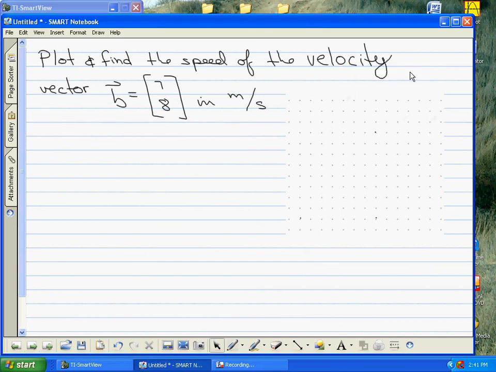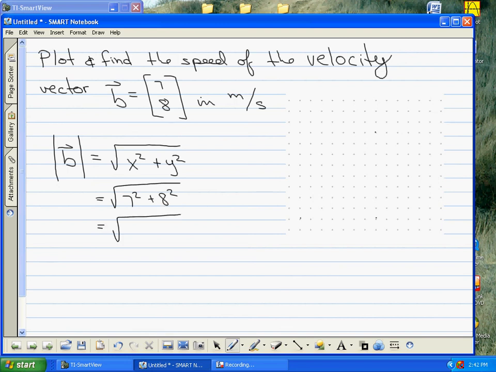Hopefully you did this problem. First of all, let's just find the velocity or the speed of the vector. The velocity or speed, again, is the absolute value, which is equal to the square root of the x component squared plus the y component squared. This is equal to the square root of 7 squared plus 8 squared, which is the square root of 49 plus 64, since 7 squared is 49 and 8 squared is 64.